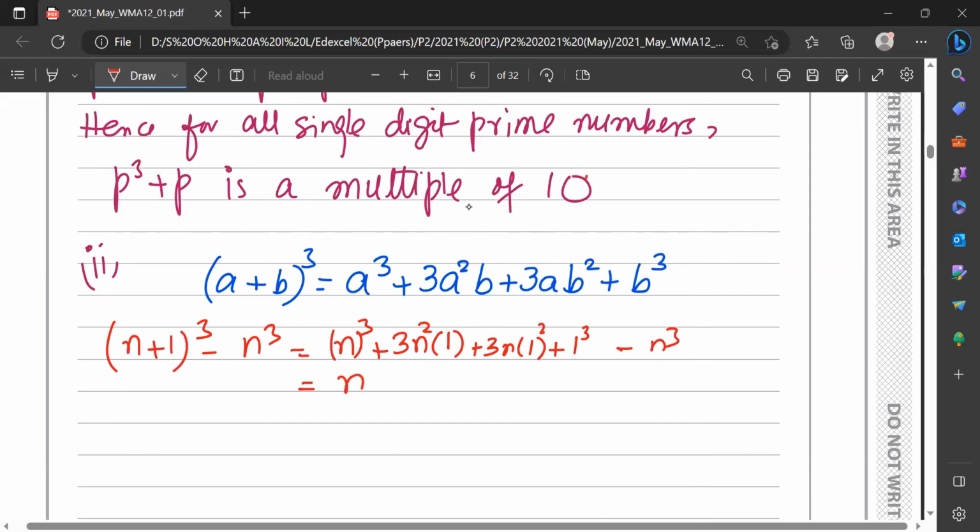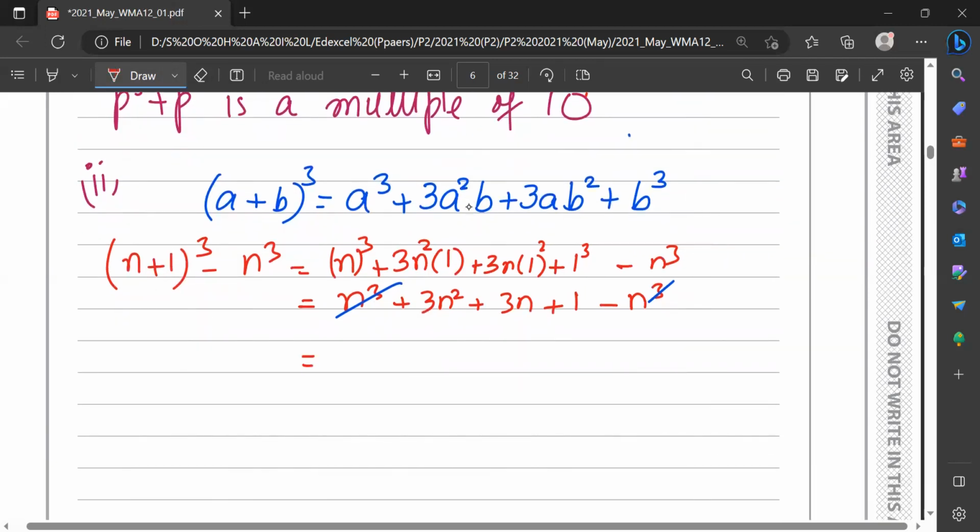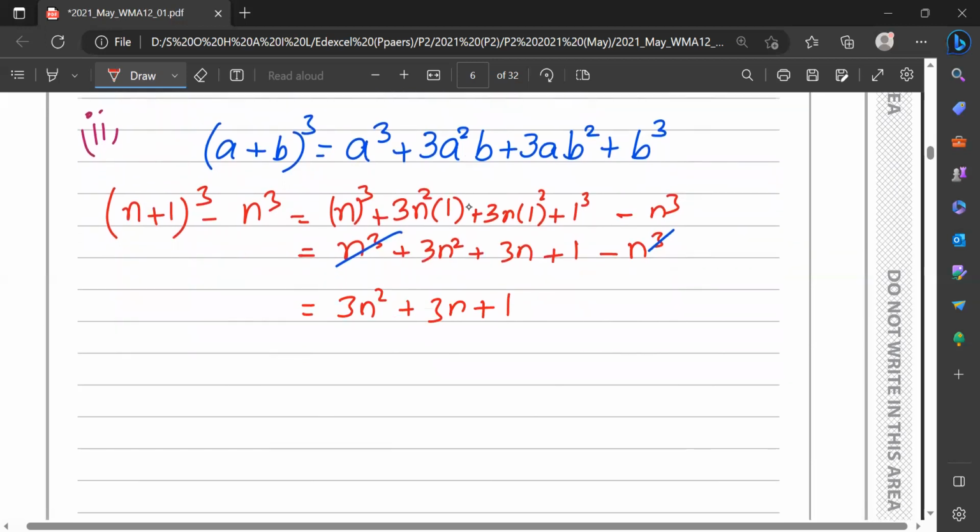You can simplify n cube plus 3n square plus 3n plus 1 minus n cube. This n cube goes with that n cube, and you are left with three terms only. Keep in mind that n is an integer, 1, 2, 3, 4. From here you can take 3 common. Inside the bracket is n square plus n, and plus 1.